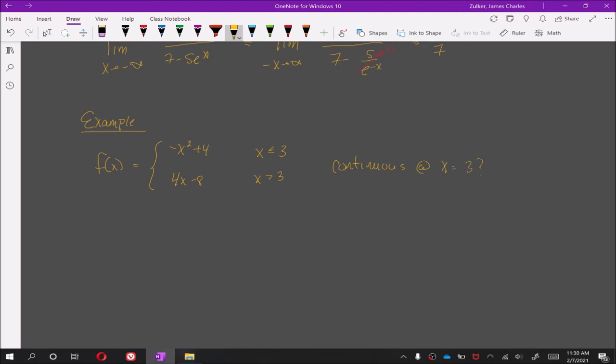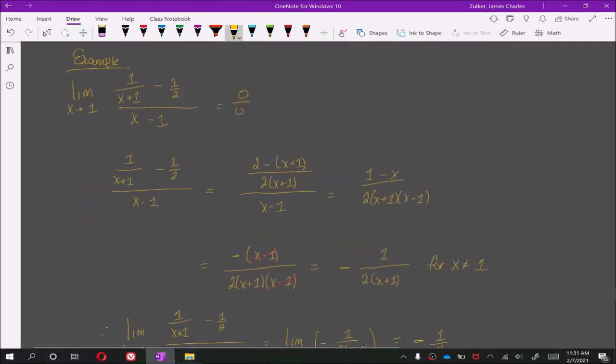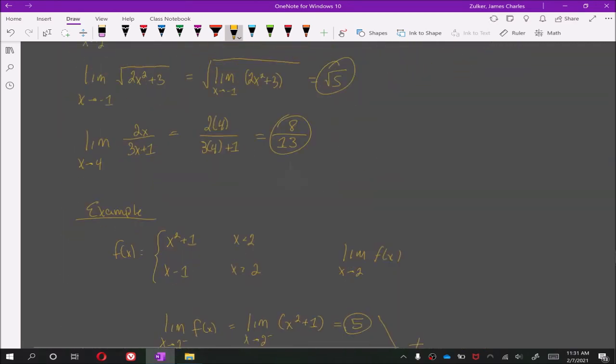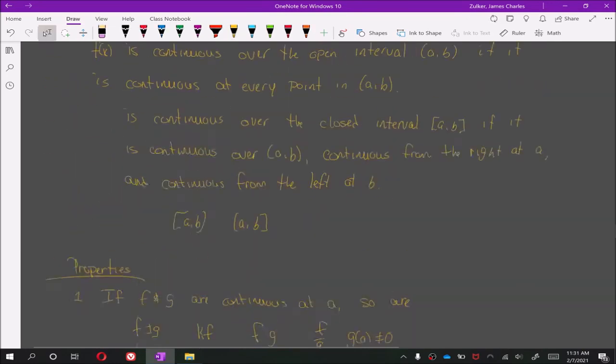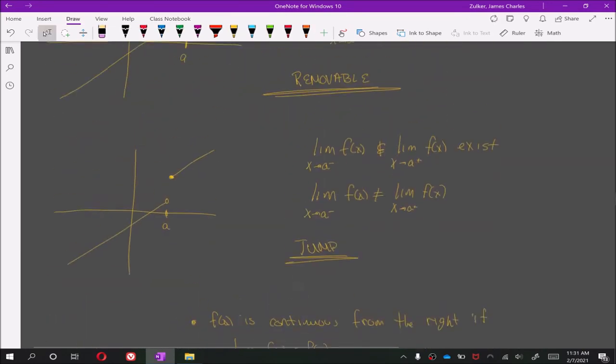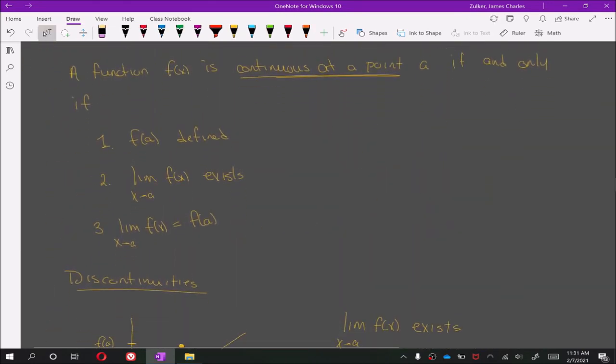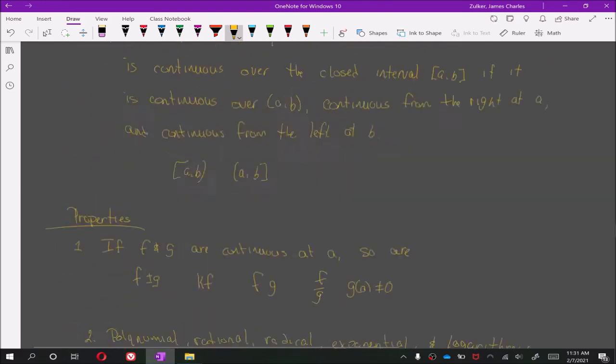So remember, to be continuous at a point, there are 3 conditions that have to be satisfied right here. F of a must be defined, the limit has to exist at a, and that limit has to equal f of a.